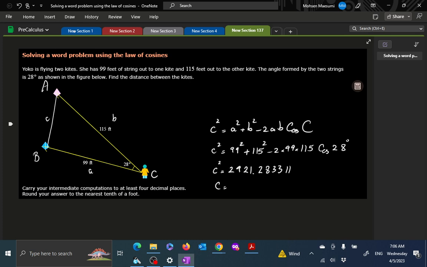C is going to be the square root of this number, which is 54.048.